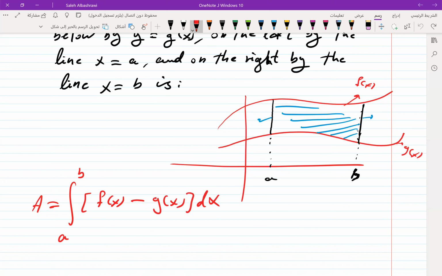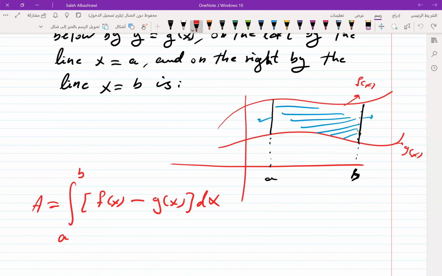This is the formula for the area of the region enclosed between two curves and two lines a and b, given by the definite integral from a to b of the upper function minus the lower function.